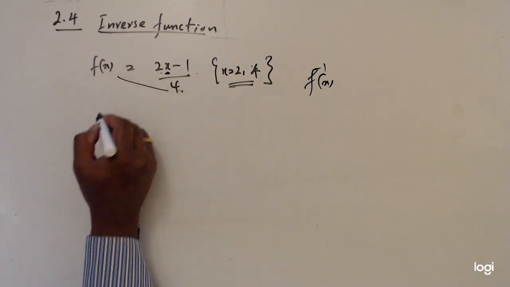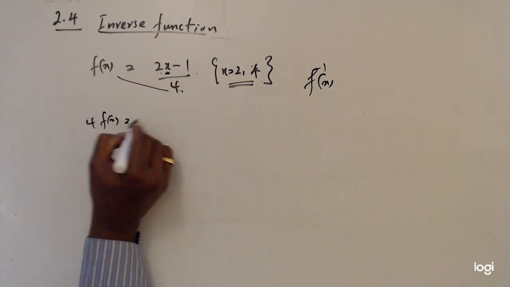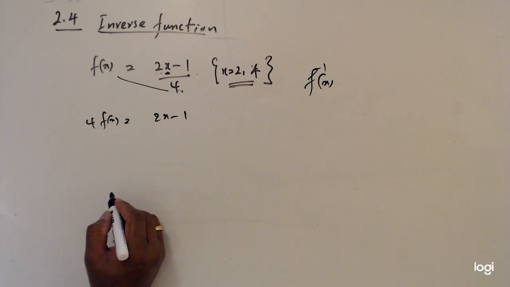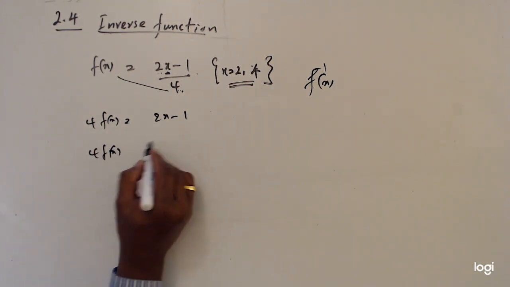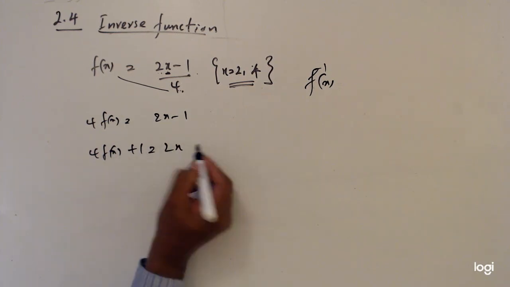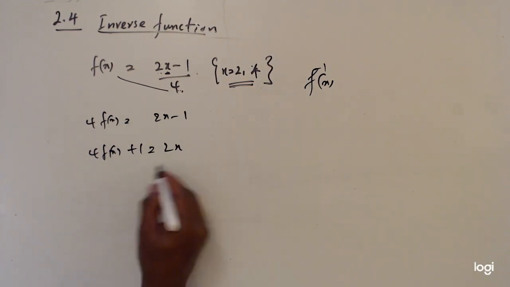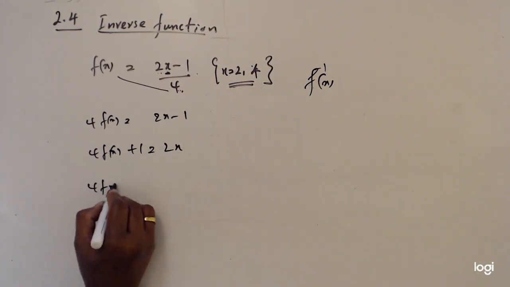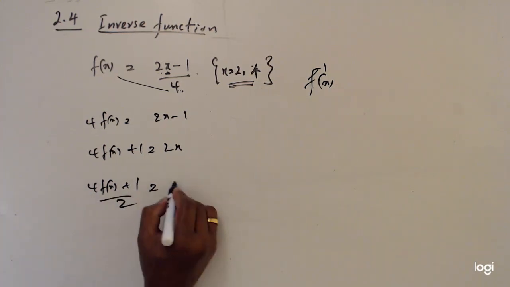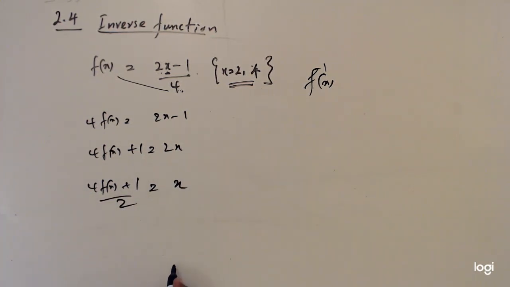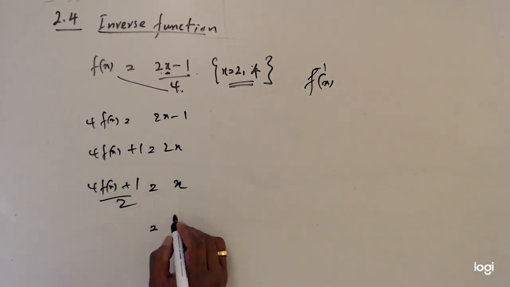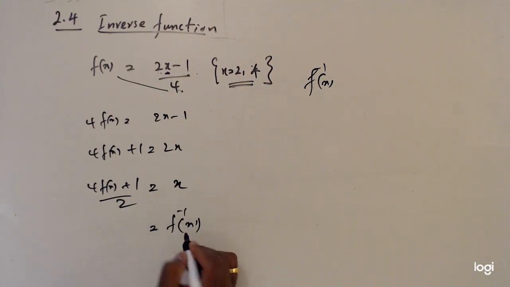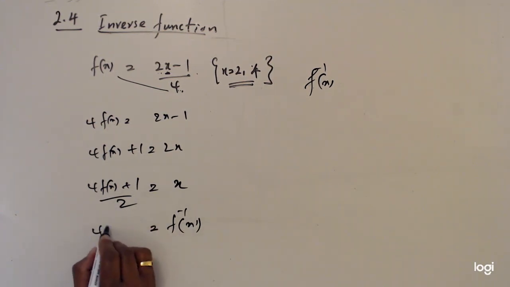So I'll multiply by 4: 4 times f x equals 2x minus 1. Then 4 f x, I'll bring minus 1 to plus 1, 2x. Then I divide both sides by 2: 4 f x plus 1 divided by 2. This is x. When you bring it to this form, this x is going to be f inverse x, and for f x you just put x.